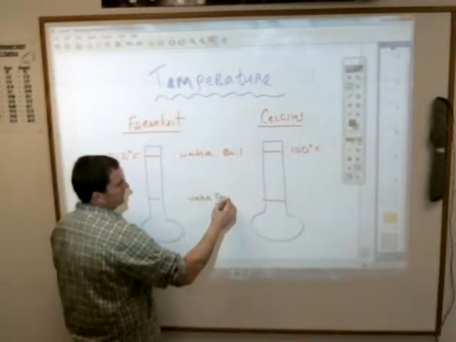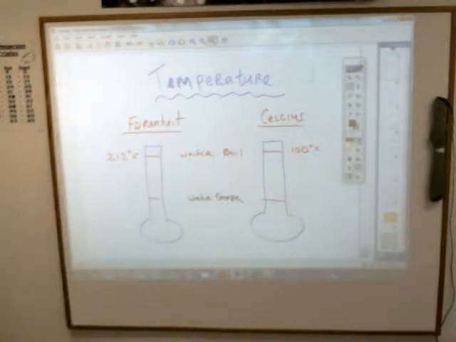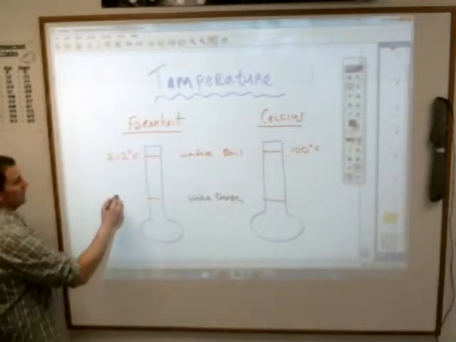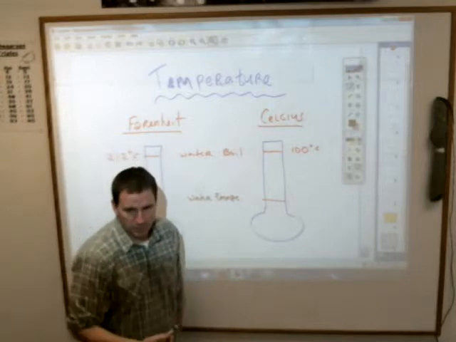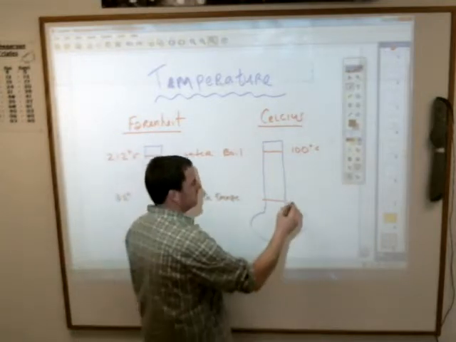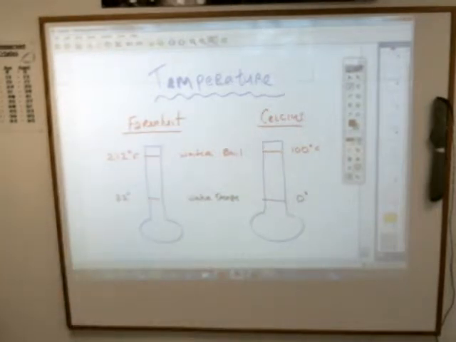At what point does it become a solid? And in Fahrenheit, don't know why, Jacob, it is 32. Right, 32 degrees. And in Celsius, making more sense, water freezes at, Michael? 0 degrees. Okay? So those are the different scales.